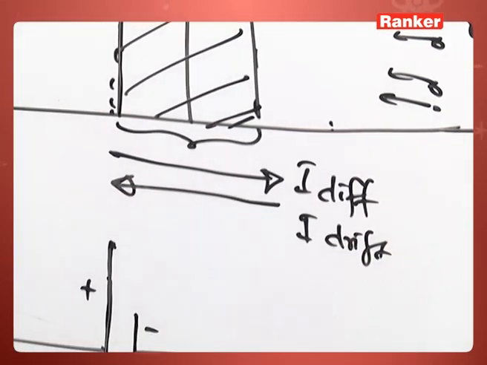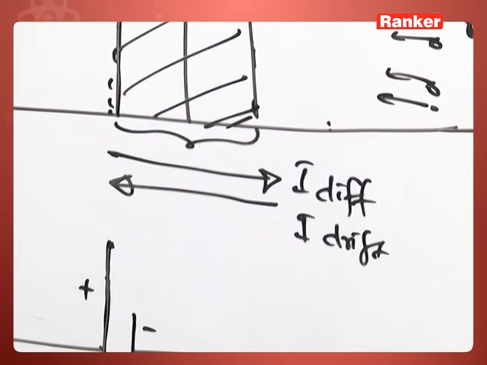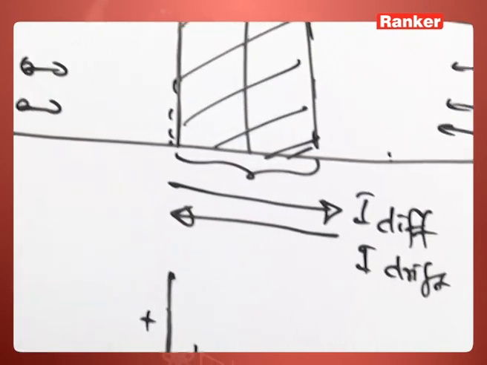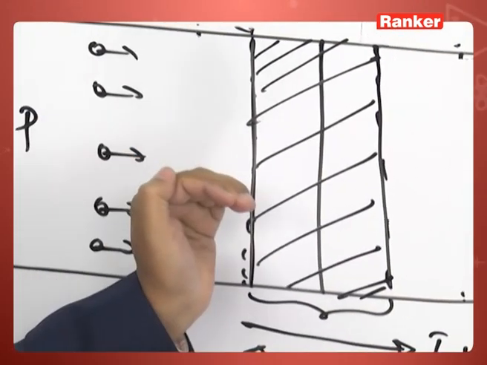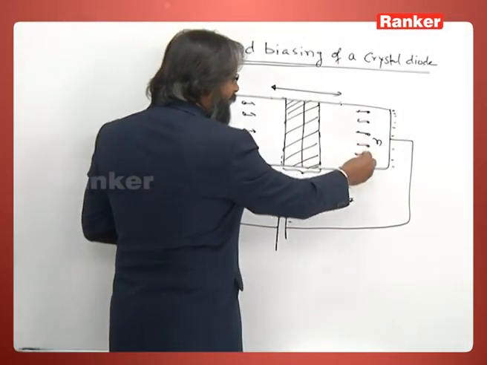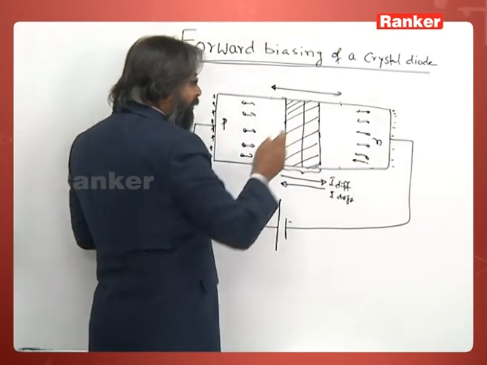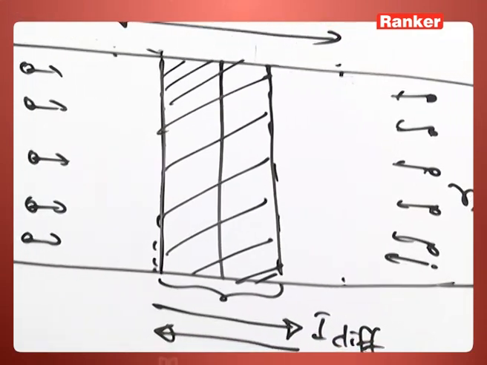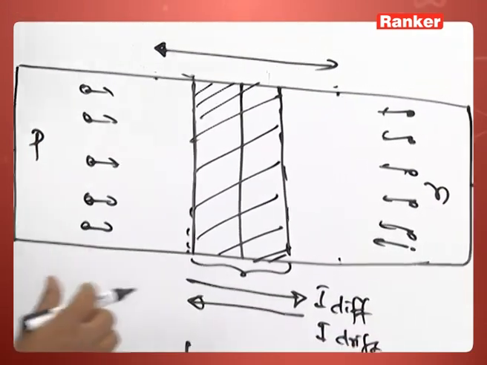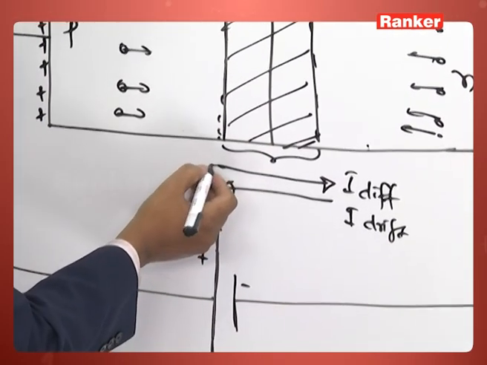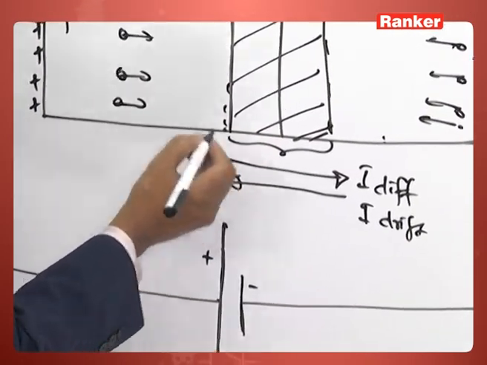Number one thing, these holes from the P side are pushed by the positive terminal of the cell, and the free electrons from this side are pushed towards the junction. So the depletion layer becomes thin, and so the diffusion current increases. So you see there is an increment in the diffusion current.